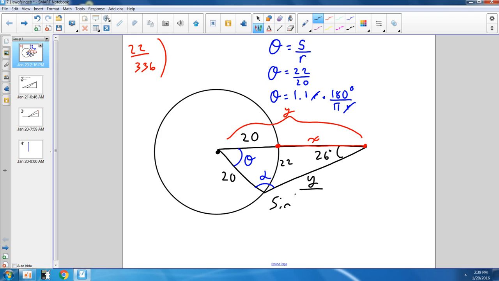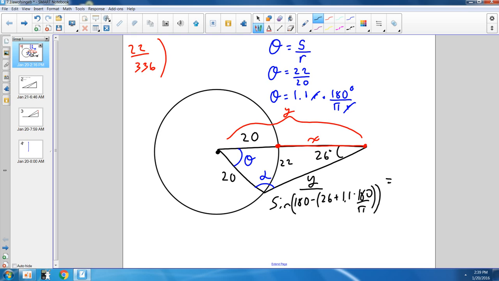Alpha is just going to be 180 minus the other two. So I'm just going to write that in. It's the sine of 180 minus, in parentheses, 26 plus 1.1 times 180 divided by pi.